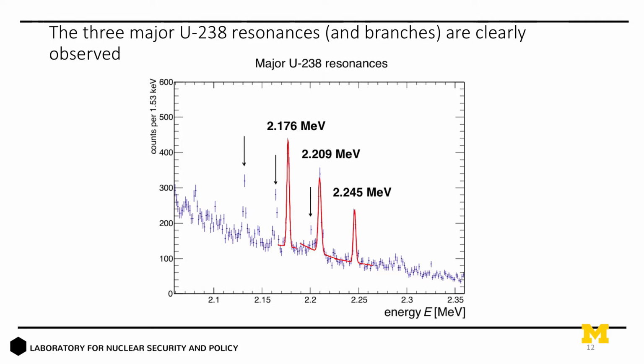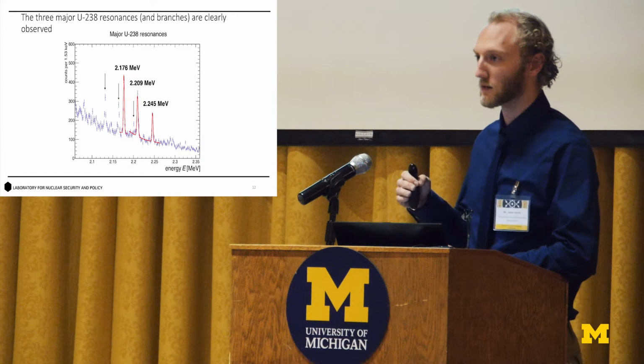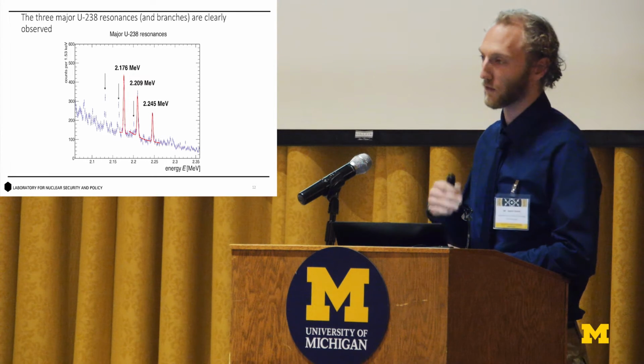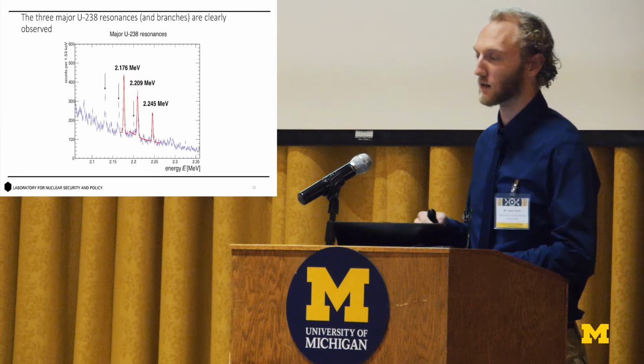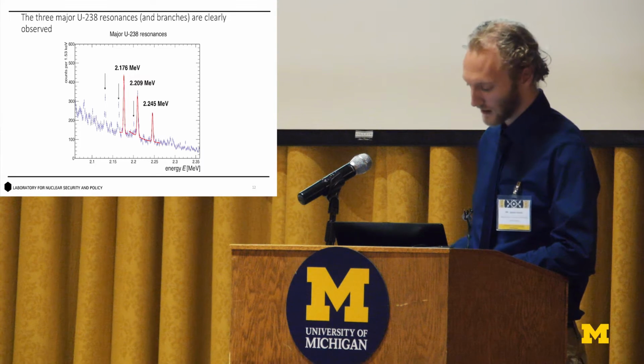So early results have shown us that we can very easily see the three major uranium-238 resonances at 2.176, 2.209, and 2.245 MeV. And we can also see their branch decays, 45 keV below each of the main lines. So this is, again, where the excited state of the nucleus decays not directly to the ground state, but to a 45 keV intermediate state first, before the ground state.